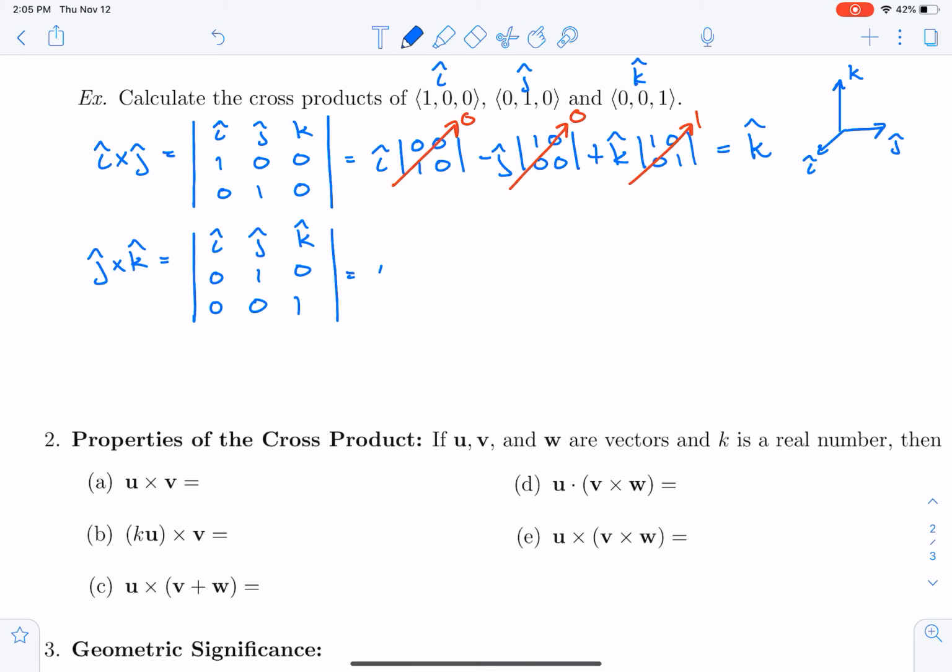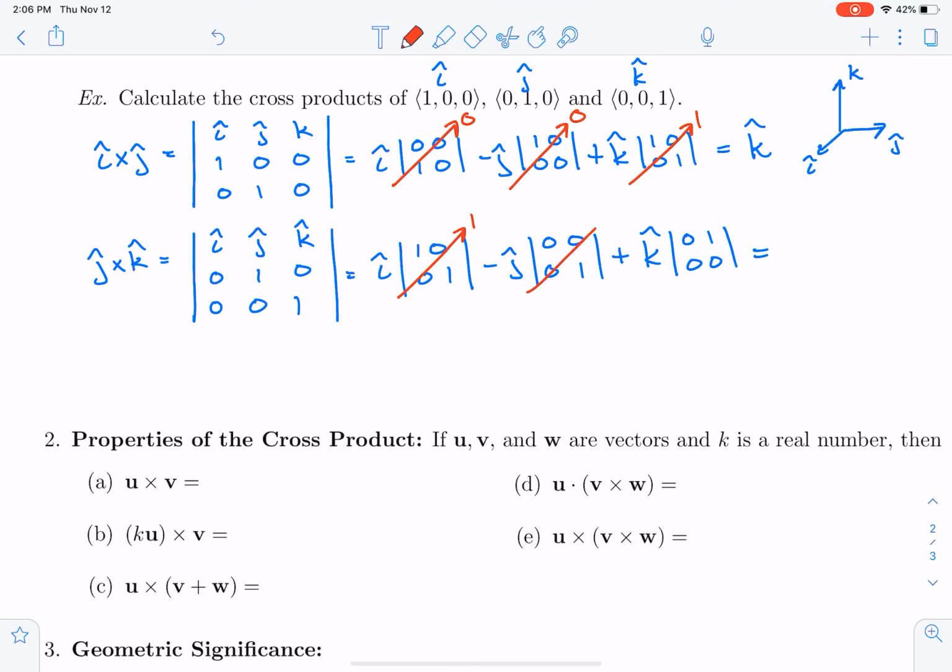So we're going to get i times the matrix 1, 0, 0, 1 minus j times the matrix 0, 0, 0, 1, and then plus k times the matrix 0, 1, 0, 0. And then the result, because this determinant is 1, this one is 0, and this one is 0, is that j cross k is going to give me i.